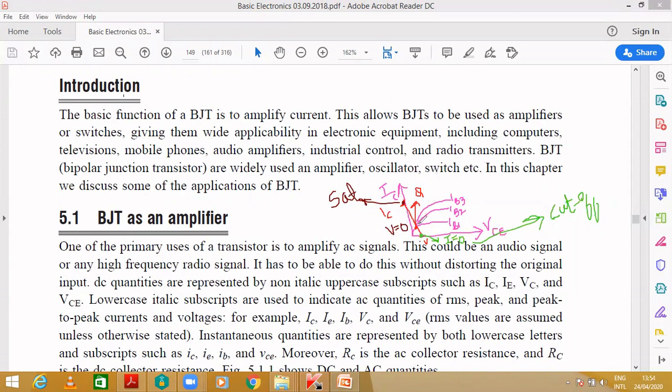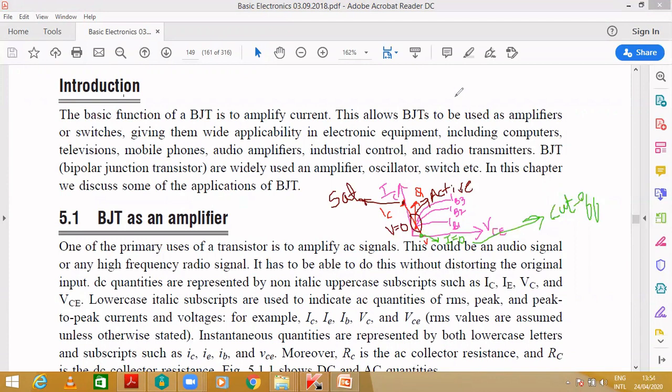Suppose my operating point lies between these two points, as you can see over here. This is called the active region. In the active region only, the transistor can act as an amplifier. So why do we need that plus VCC?